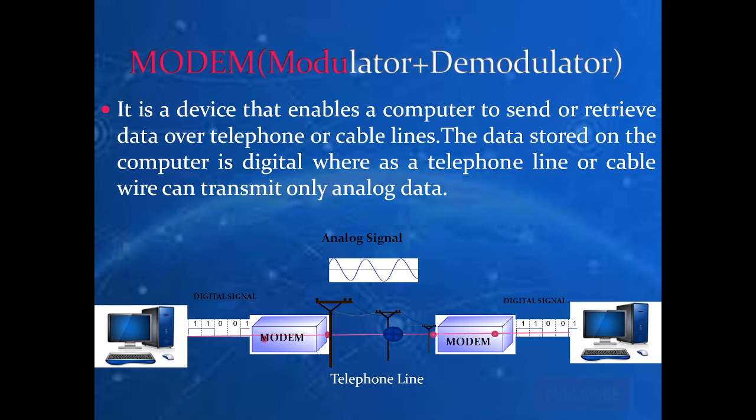It is a device that enables a computer to send or receive data over telephone or cable lines. The data stored on a computer is digital, whereas a telephone line or cable wire can transmit only analog data. So the conversion I told you, modulation and demodulation, is done by the modem.